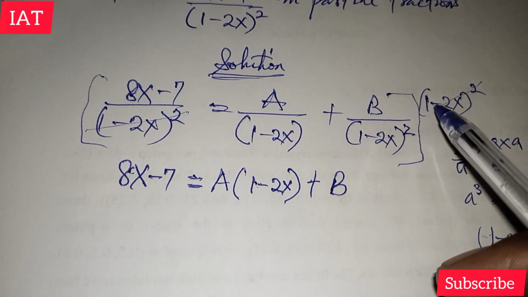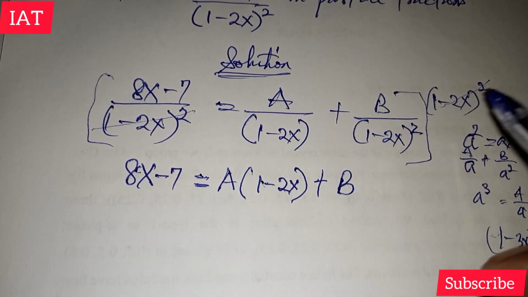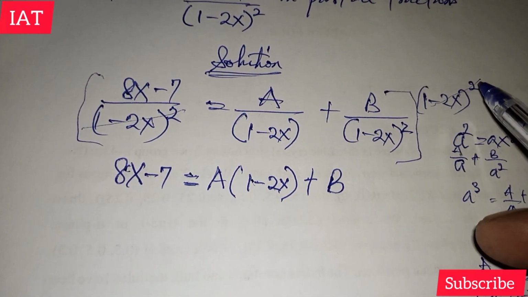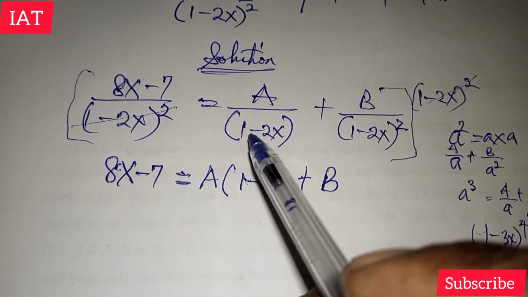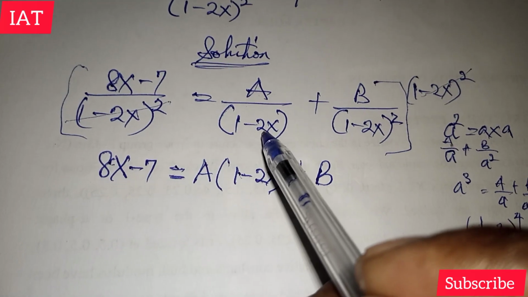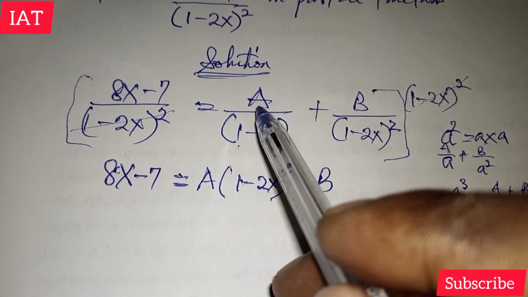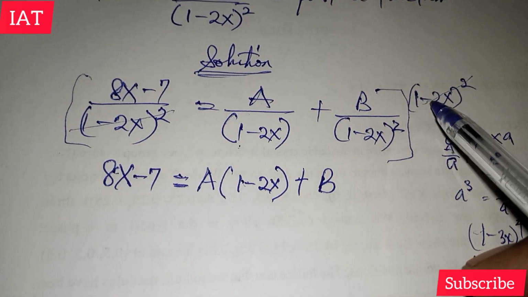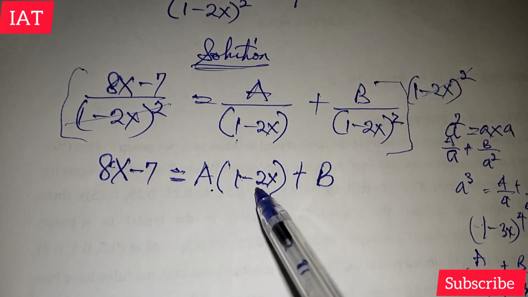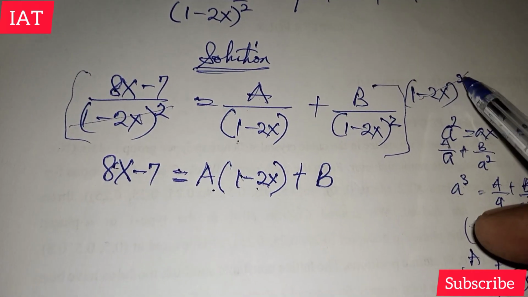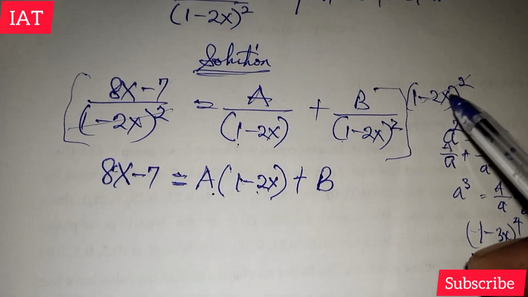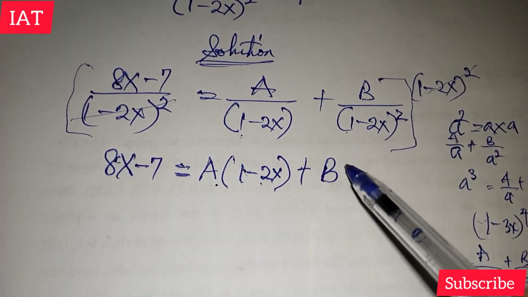Remember that this cancels out with this, 1 minus 2x all squared, and this is just 1 minus 2x. So we have this 1 minus 2x two times. So one of it will cancel, remaining 1 minus 2x. So this a multiplied by the remaining 1 minus 2x will give us a times 1 minus 2x. Again, if this one cancels out with this, 1 will be remaining, so b times 1 is b.